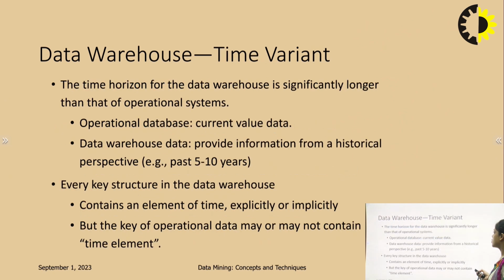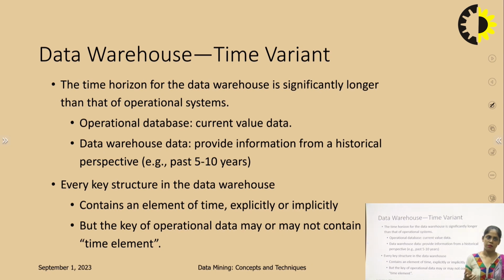Next one is time variant. Obviously by time it is required. Maybe we need data which we used 2 years back, or 2 months back, or a few days back, or maybe we need some data to predict something. So for that we will take out all the historical data.